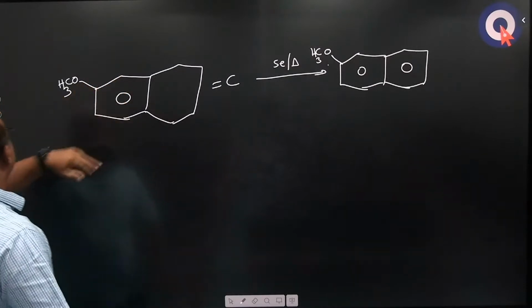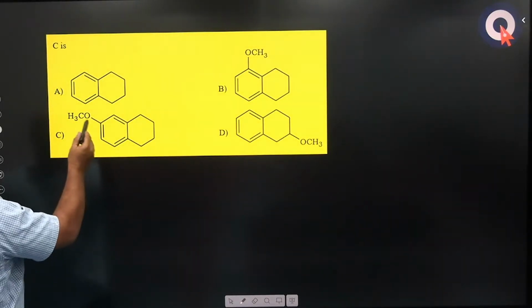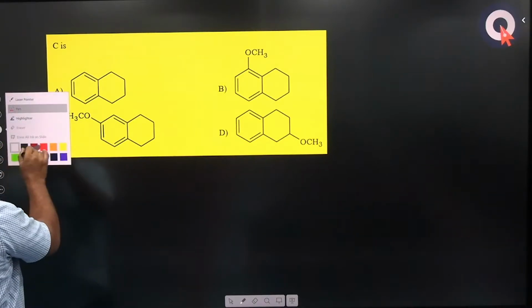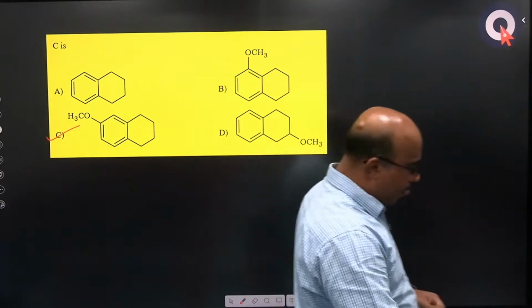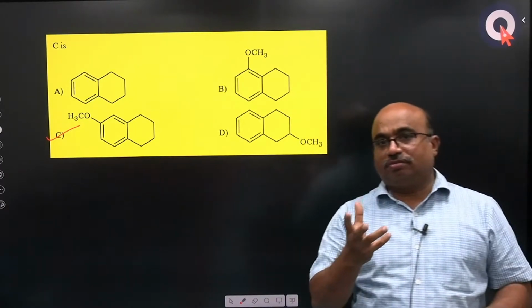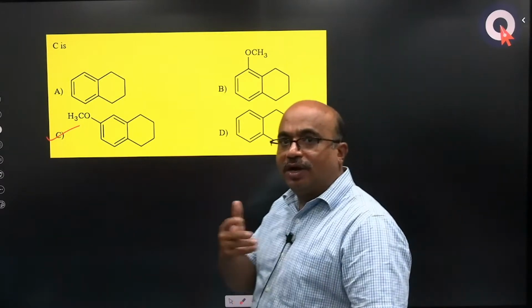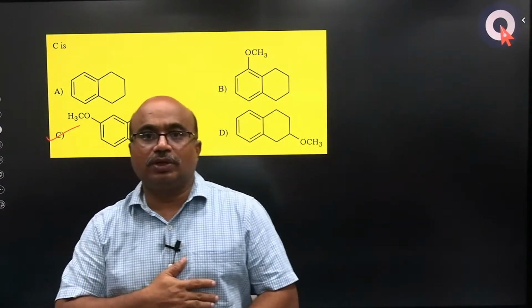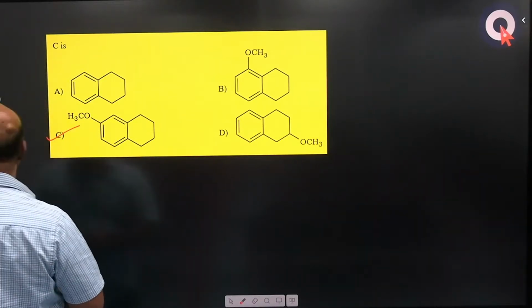This is our C. So this is like a next COCH3. So this is directly the C option again. Okay. So this is how that one a chain of process we are using to convert into that. Clear? Next.